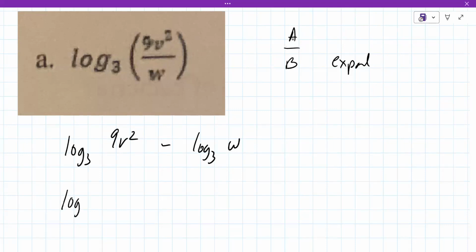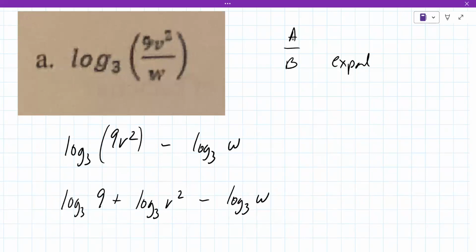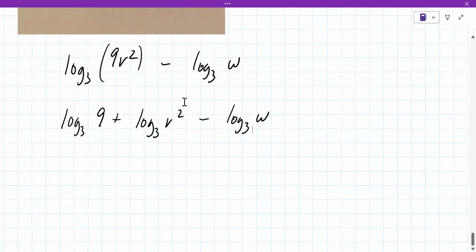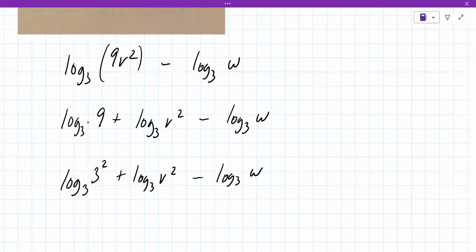Now there's more to do because the one on the left here is a product. A product becomes a sum. But wait, there's more. The 9 can be written as 3 to the power of 2. And then we talked about this earlier. You can bring the exponent, the 2, out in front.